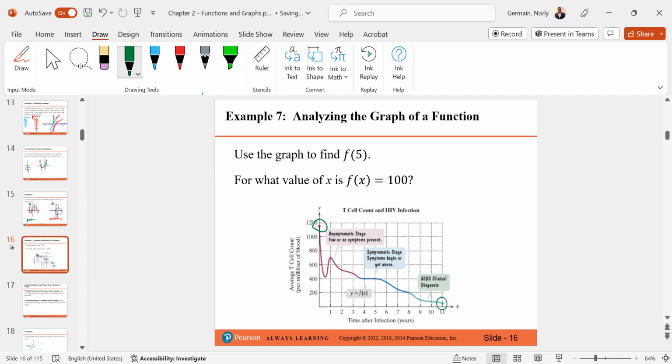If it was an open dot, which is not the case here, it would indicate that the graph does not extend beyond this point and the point does not belong to the graph. An arrow indicates that the graph extends indefinitely. So when you have a graph and I put arrows like this, that means it continues indefinitely. All right.